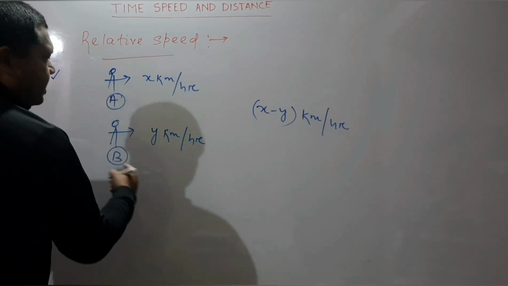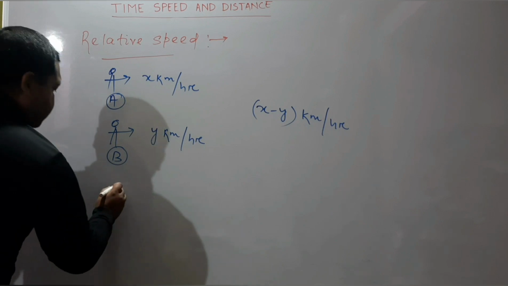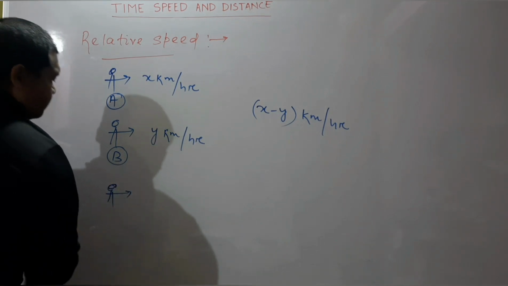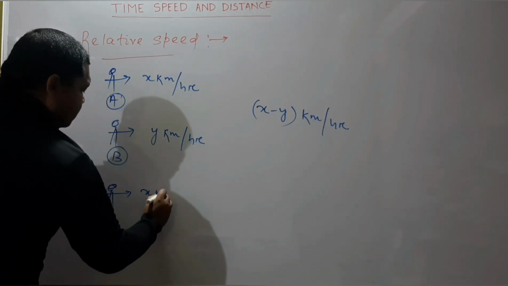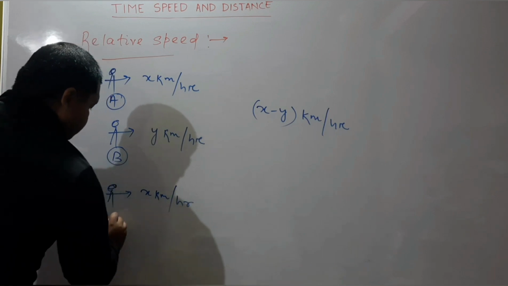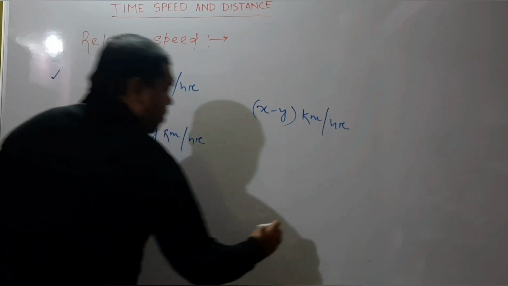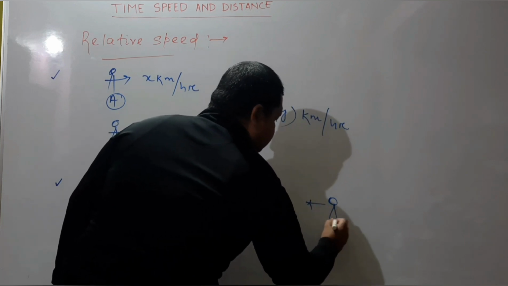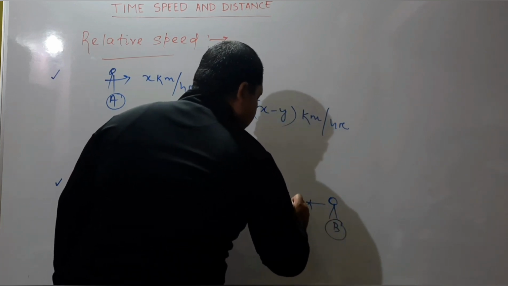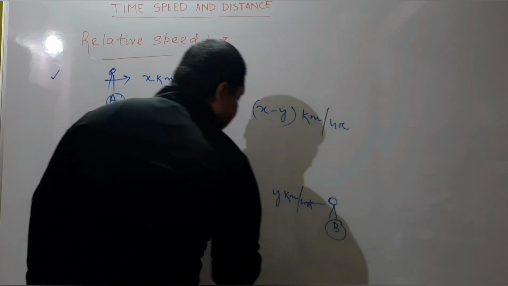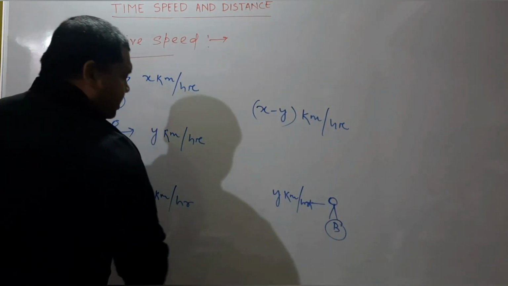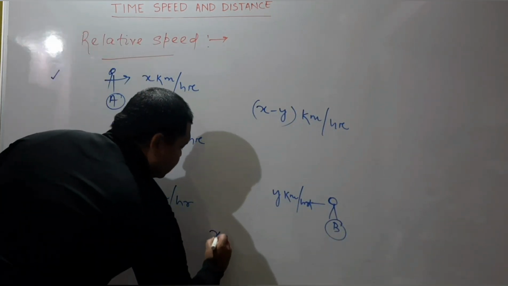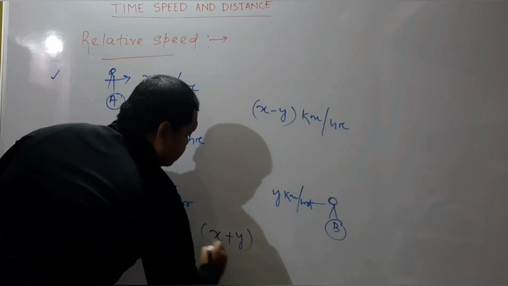If both the bodies are moving in opposite direction, that means this is body A, his speed is x kilometer per hour, and body B, his speed is y kilometer per hour. If they are moving in opposite direction, here relative speed is x plus y kilometer per hour.